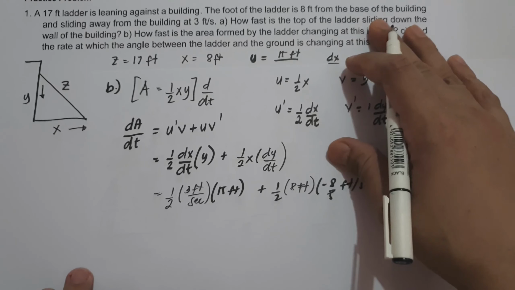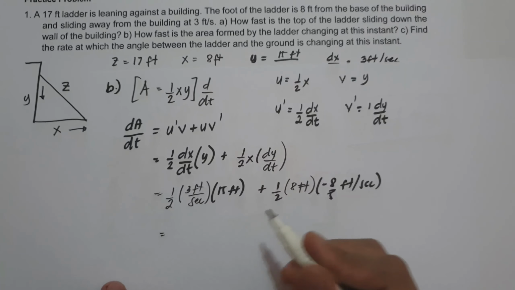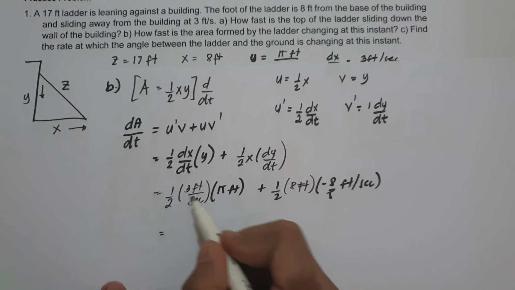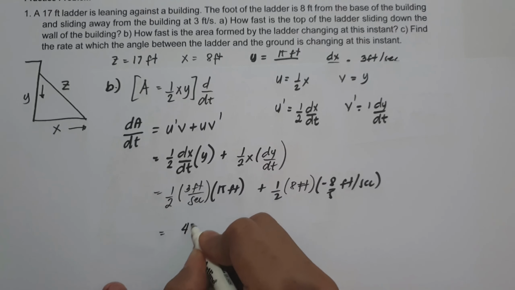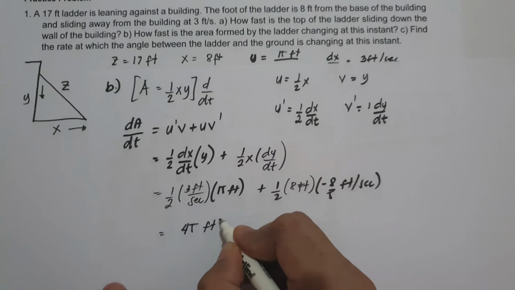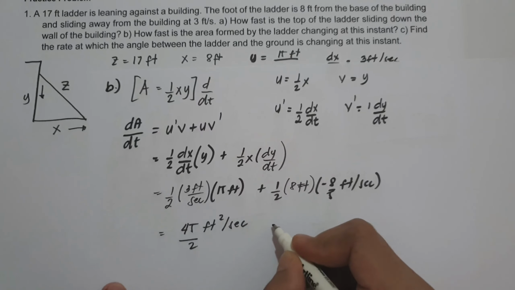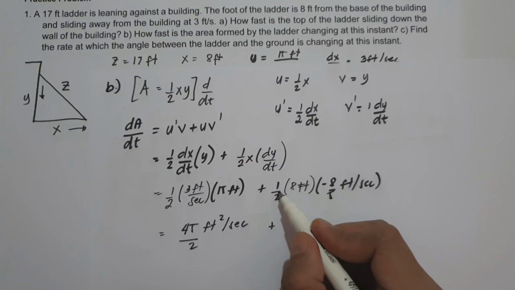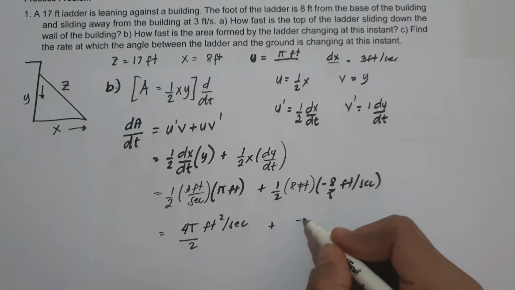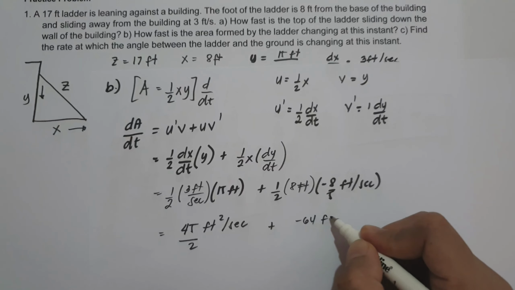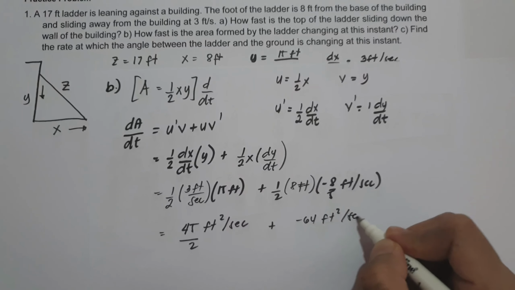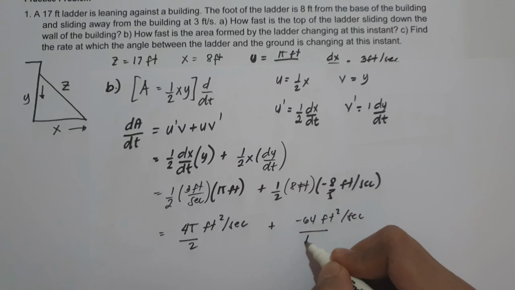Let us move this one. 1 multiplied by 3 times 15, that is 45 feet squared per second over 2. And then 1 multiplied by 8 times negative 8, that is negative 64 feet squared per second over 2 times 5, that is 10.